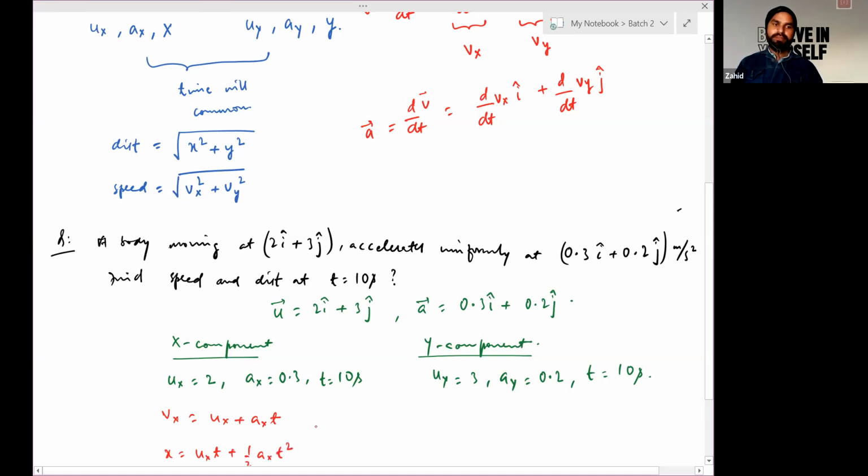Just put all the values to get Vx and x. Similarly, Vy equals Uy plus Ay into t and y equals Uy t plus half Ay t squared. And then apply these terms to get the distance traveled by the body and the speed of the body.